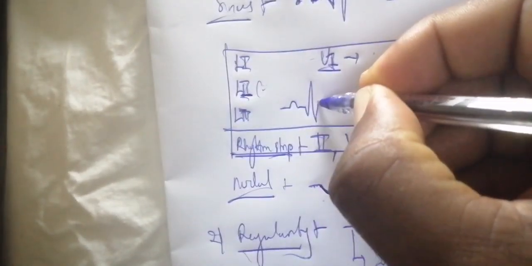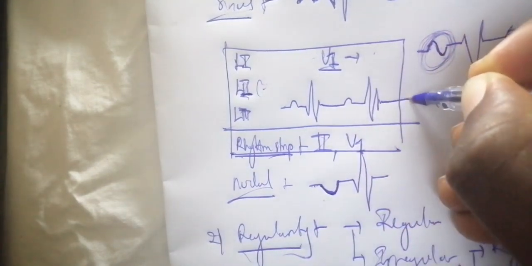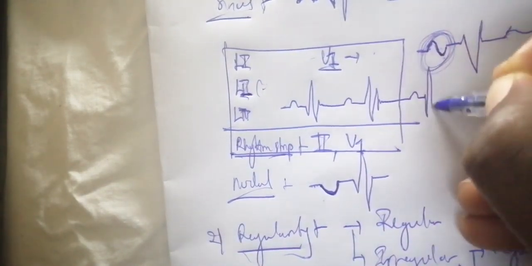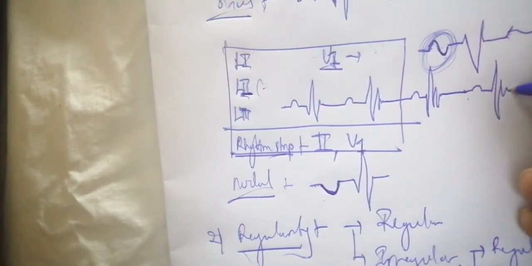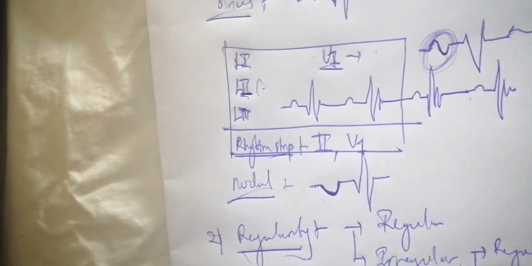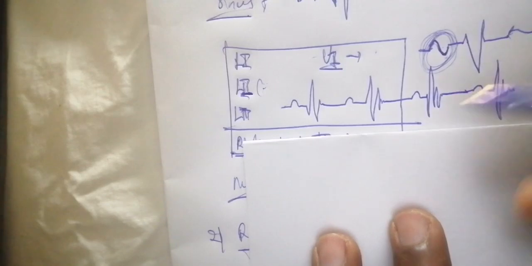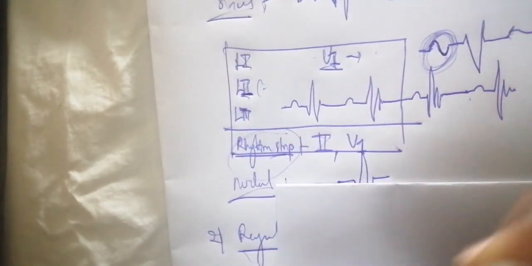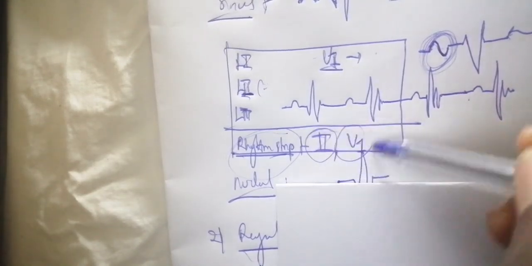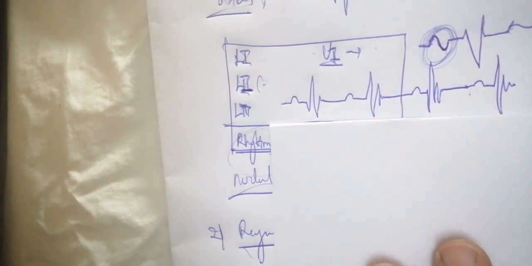Let's say this is our ECG paper. Let me draw a small ECG paper like this. To know the regularity, you take the edge of a paper and go at the level of the rhythm strip, or if you don't have a rhythm strip, go on limb lead 2 or V1, because they are the best to visualize the regularity, the rhythm, and the rate.